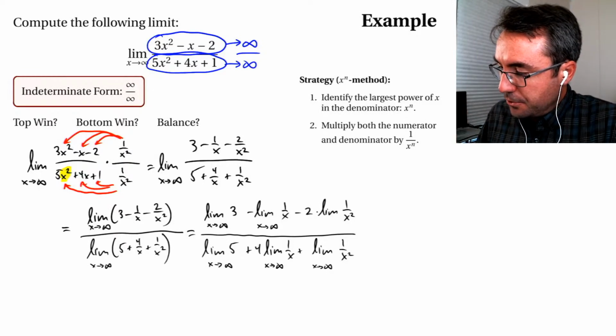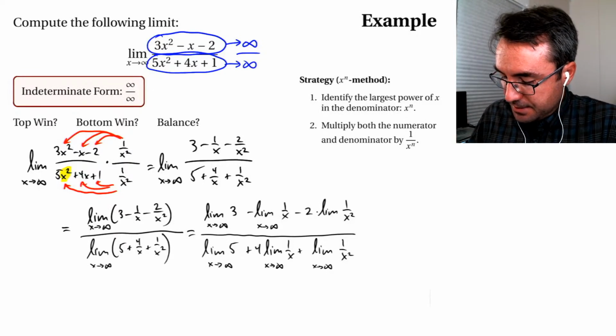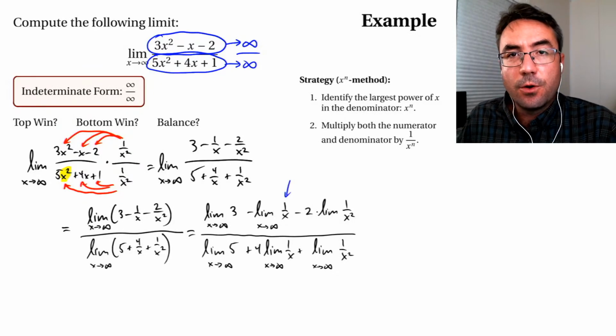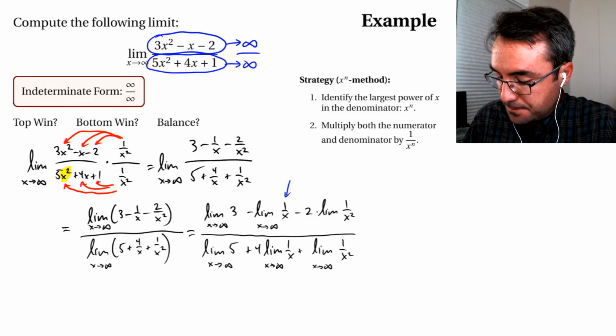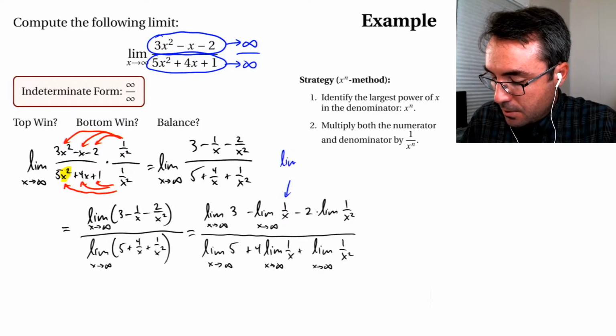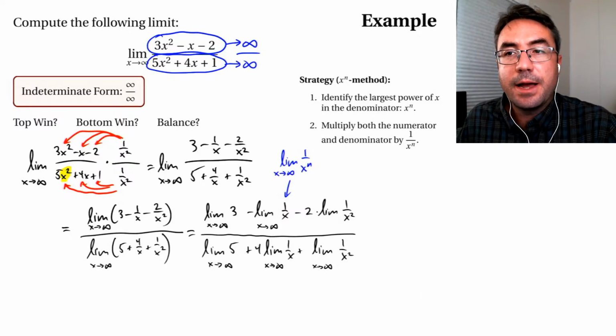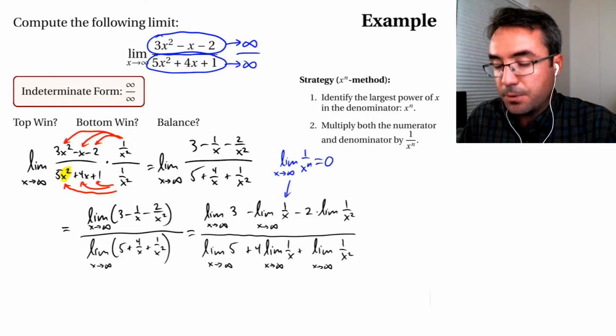Now the thing that's new is that these 1 over x's that we have, 1 over x and 1 over x squared, we know what those limits are. So the limit of 1 over x to the power n, we said that was equal to 0.